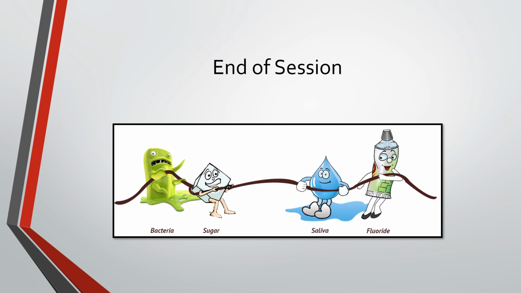So if saliva and fluoride are more, then remineralization will happen. If the cariogenic bacteria and the amount of sugar available for fermentation are more, then demineralization will happen. So this tug of war is constantly going on in everybody's mouth, and these factors will decide whether this person will have caries in the future or not.